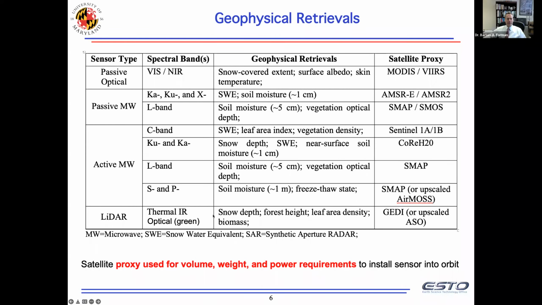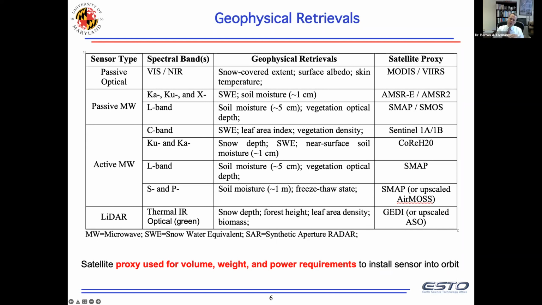There is no space-borne snow LiDAR. But we have a number of different proxies that we can use in order to scale up our calculations of volume, weight, and power requirements. Not only are we looking at the sensor, but we're also considering the type of propulsion system we need in order to inject these sensors into orbit. So if it's a big, heavy sensor, we need a big, heavy rocket and lots of money.